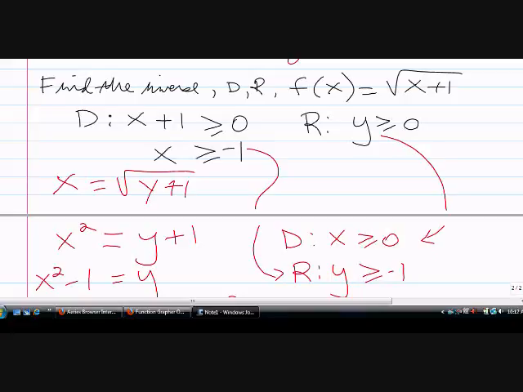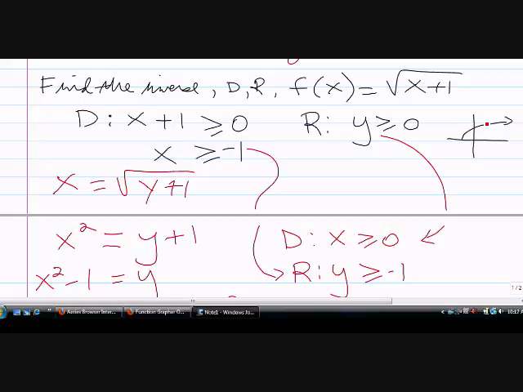So if we go back and look at that second example, square root of x plus 1 looks like that. Its inverse is y equals x squared minus 1.